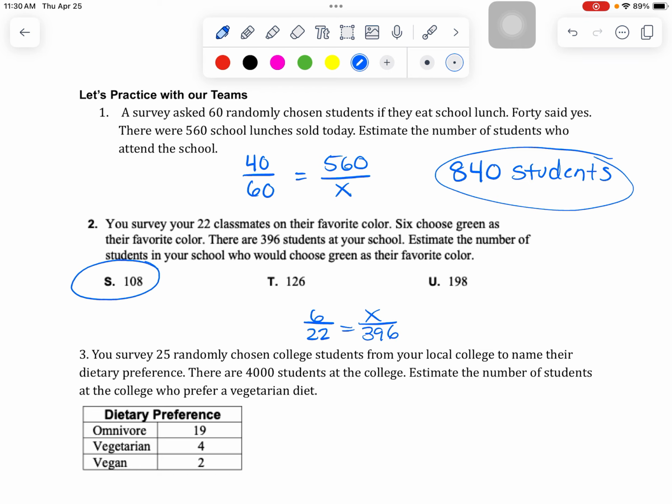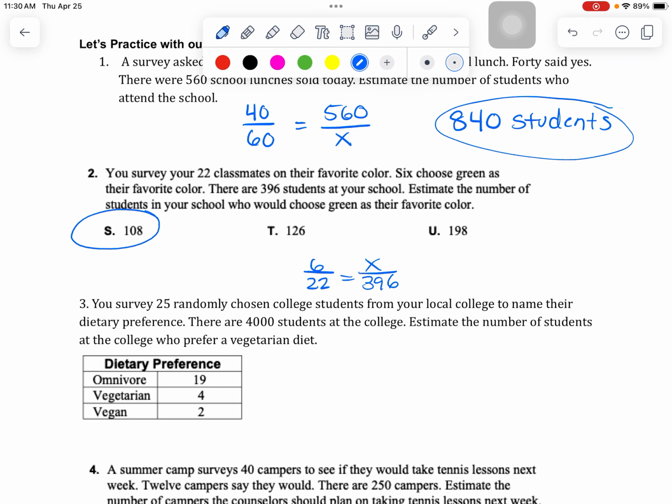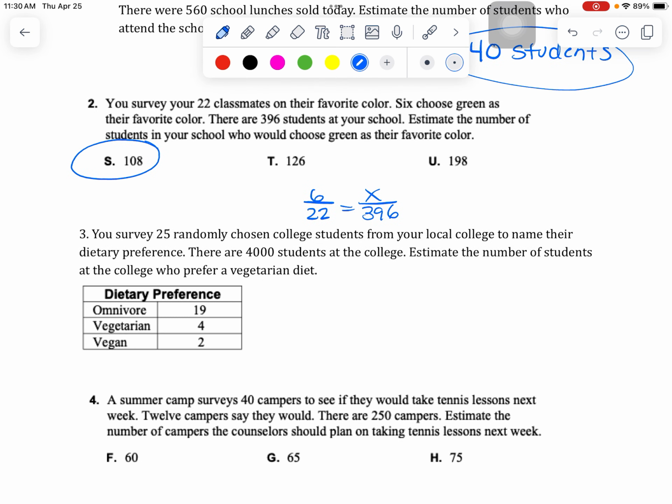And when you cross multiply, you get 108. For number 3, you get 4 over 25 students equals x over 4,000. And when you cross multiply, you get 640 students.